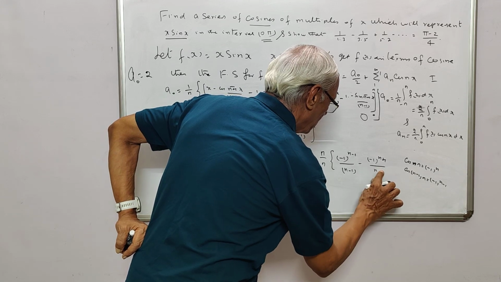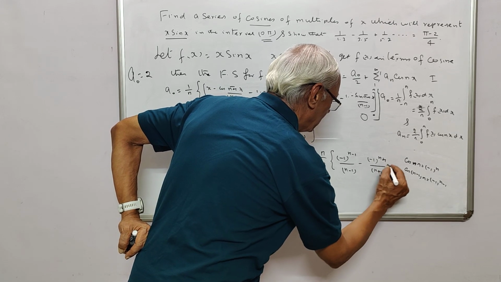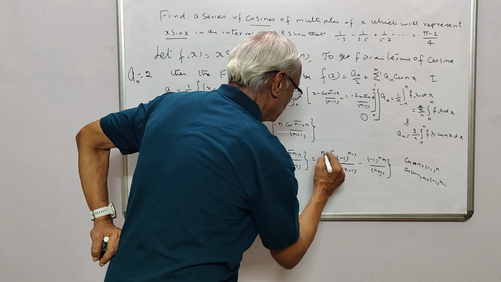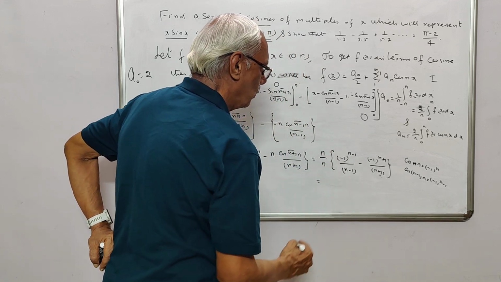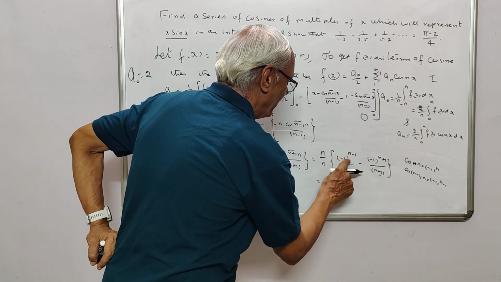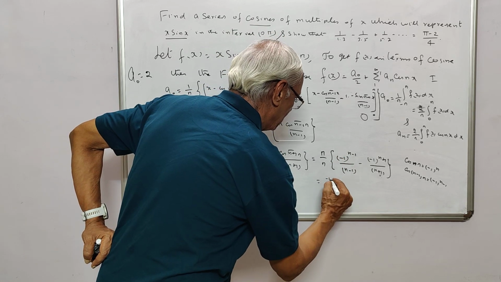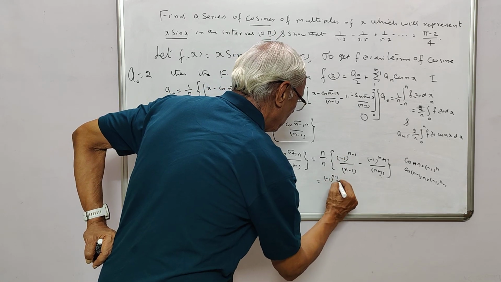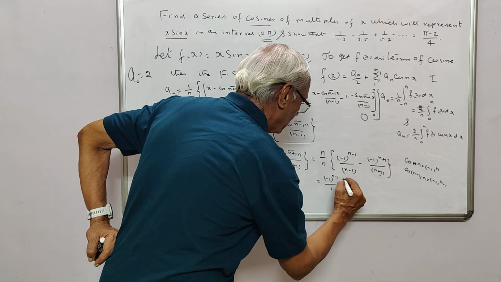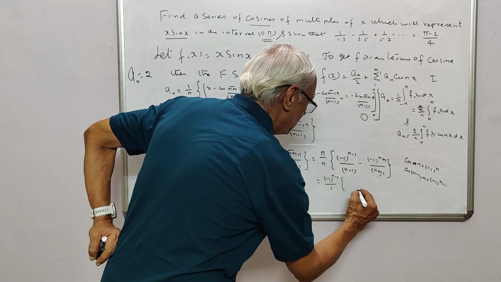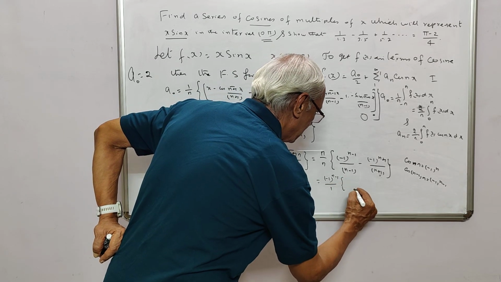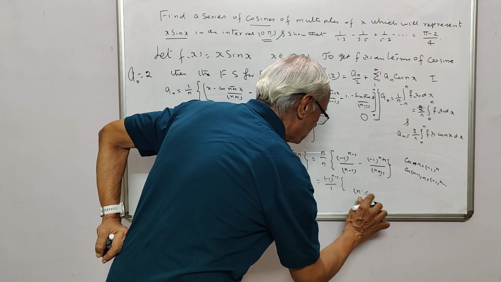Okay, I hope that you are able to understand. So this is what you get here. So these two will go off, giving you what? So this is nothing but (minus 1) to the power of n minus 1 is the least. Divided by 1. Here you see that the LCM is (n minus 1) into (n plus 1).